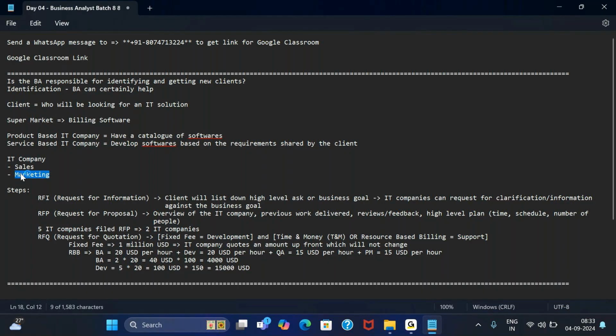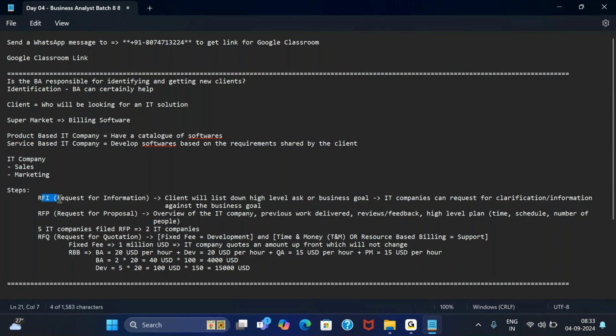Also, they are responsible for managing contacts with the client. So they keep a note on which client will require software and which may not, so that accordingly they can approach them.